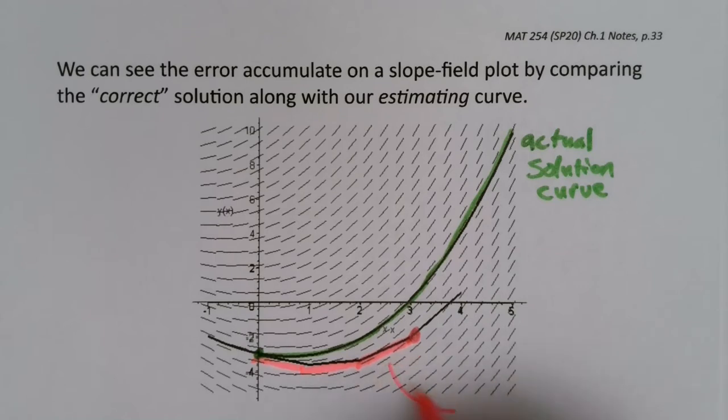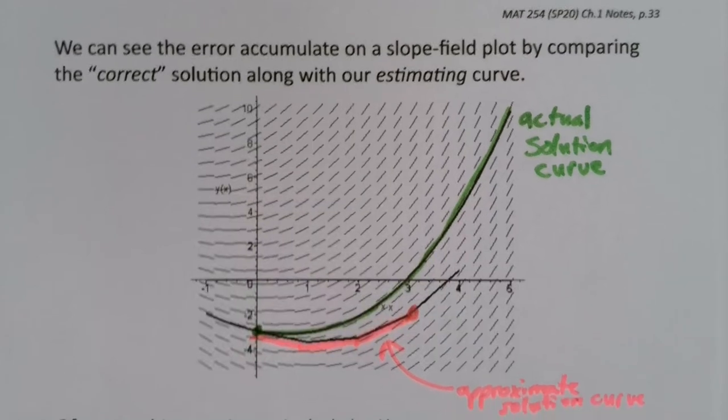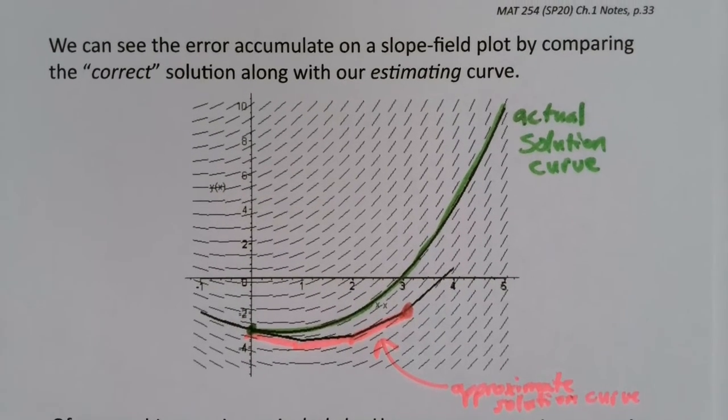So this right here, that's our approximate solution curve. Now, it's not much of a curve because, of course, this thing is just a series of little line segments. But for us, as calculus students, we recognize that if you have small enough line segments, then they start looking like a curve.